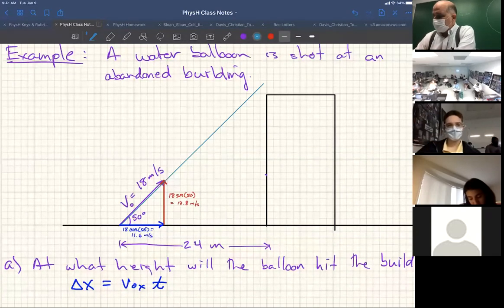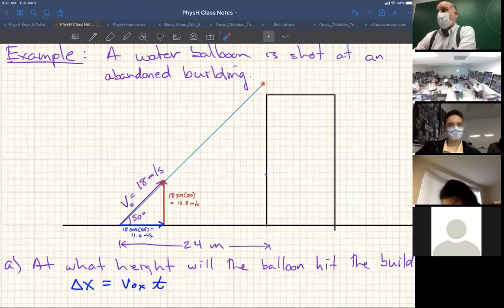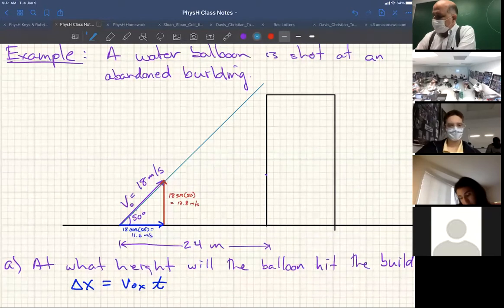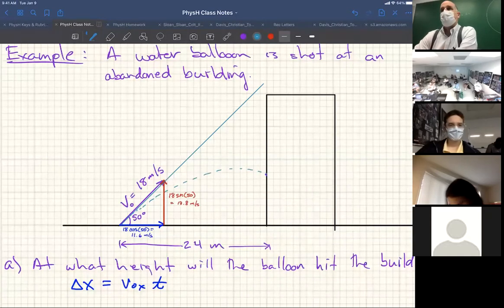The balloon does not continue straight on this path. It deviates from that path almost immediately. Instead, it moves in the shape of a parabola, something like that. So you can't just do geometry.